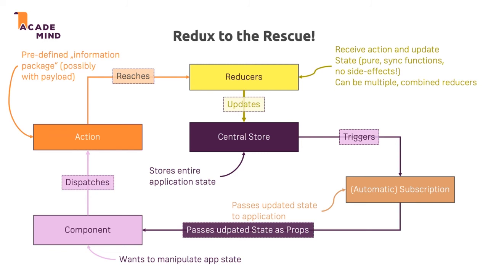Now, one important note, if you're a bit further into React, you also probably know the React Context API, which is built into React. This can also be used for some behind-the-scenes state and data management, but it's not a good replacement for all use cases where you use Redux.